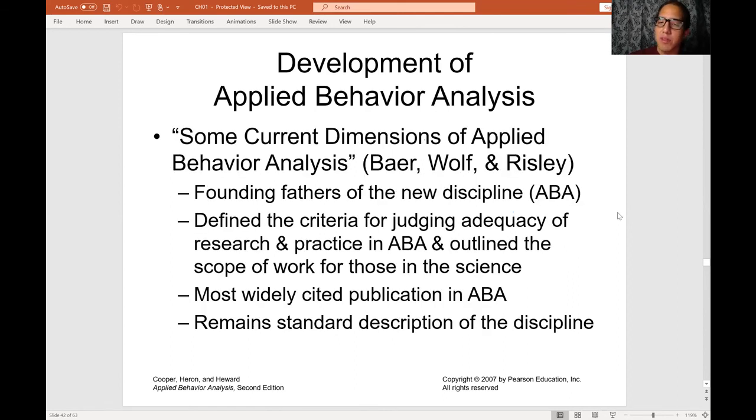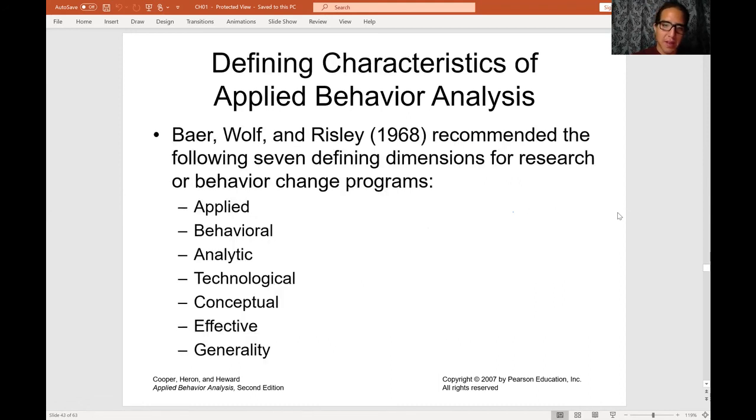So Baer, Wolf, and Risley, with their article, they were considered the founding fathers of ABA. They defined the criteria for judging adequacy of research and practice in ABA and outlined the scope of work for those in science. This is the most widely cited publication in ABA and remains the standard description of the discipline.